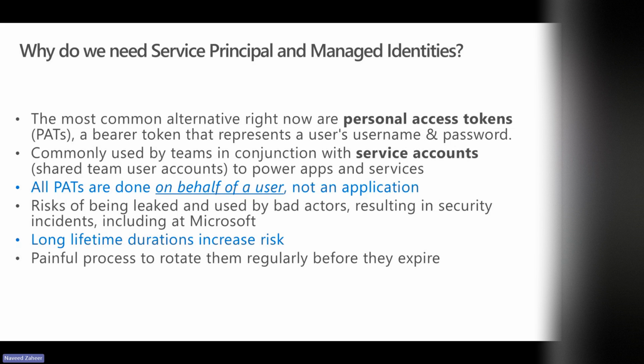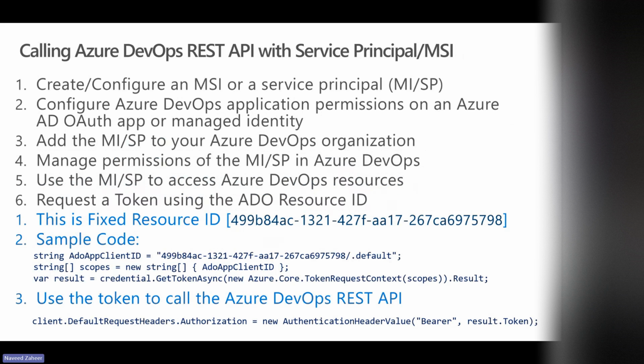I thought it would be good to share with the audience how you can do it using service principal and managed identity. Yes, we can do it with PAT tokens, but the idea is how you can do it with service principal and or managed identity. So we're going to see both of these things. Let's quickly move on, and most of the time you're going to spend is in the demo.